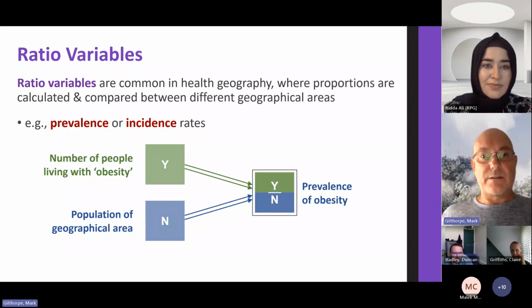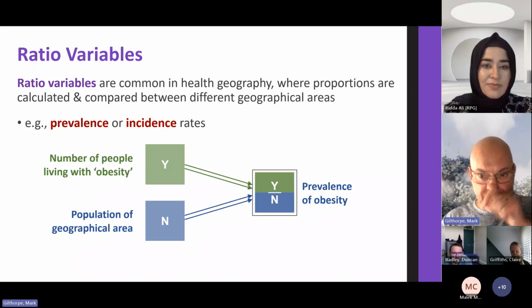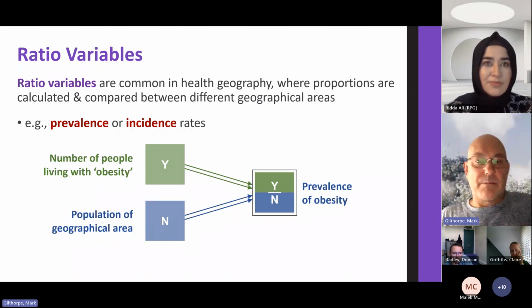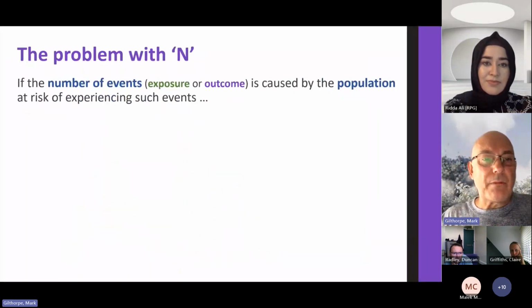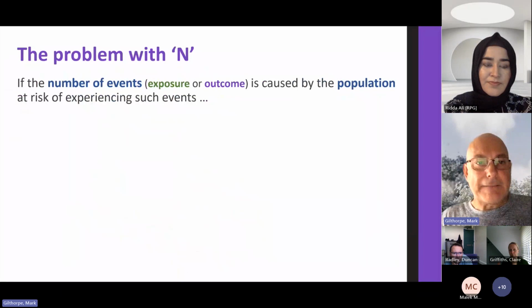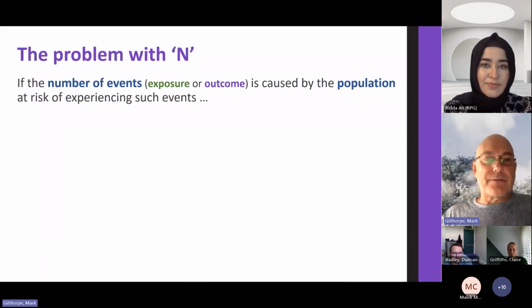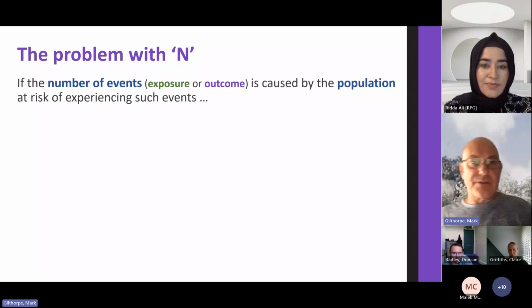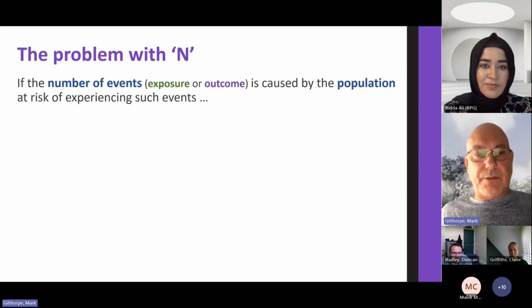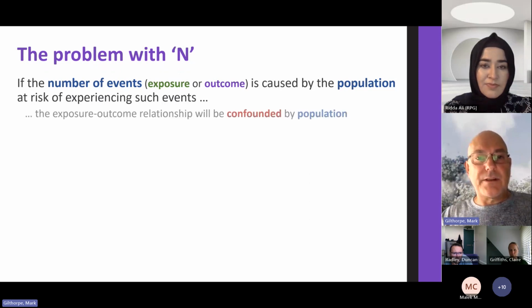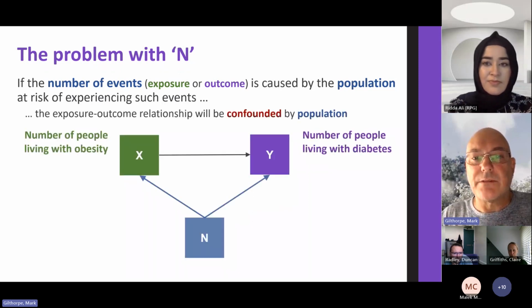And then you look at other measures. You may be interested, for example, in the role of obesity leading to diabetes. But the problem is with the common denominator, N, the population. If the number of events of what you're interested in, one exposure related to an outcome, occurs because both are driven by this population common denominator, then you effectively have confounding, right?